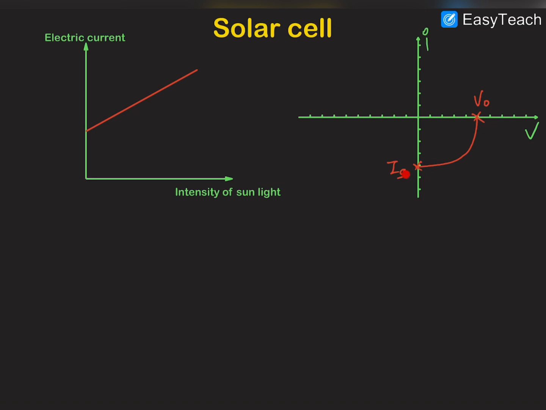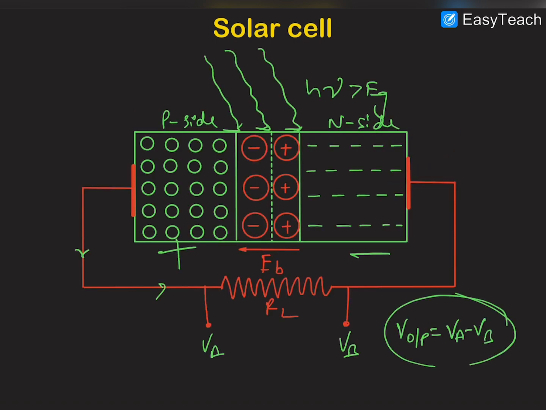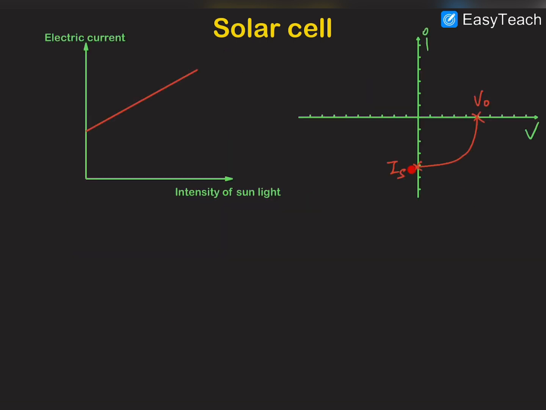And this is the short circuit current. When we short circuit the terminals of this cell without any load resistance, connecting these two terminals directly, the current flowing through this diode is called the short circuit current. So this will be the VI characteristic graph of the solar cell.